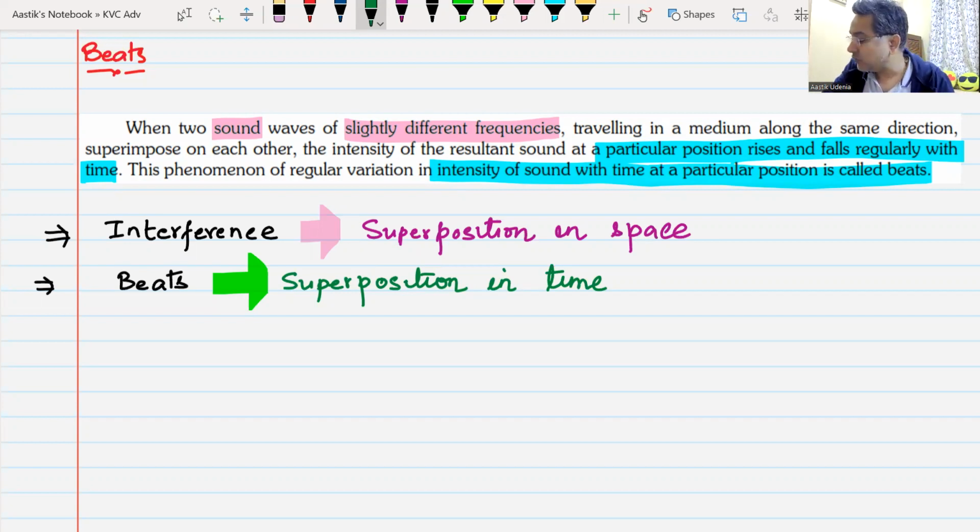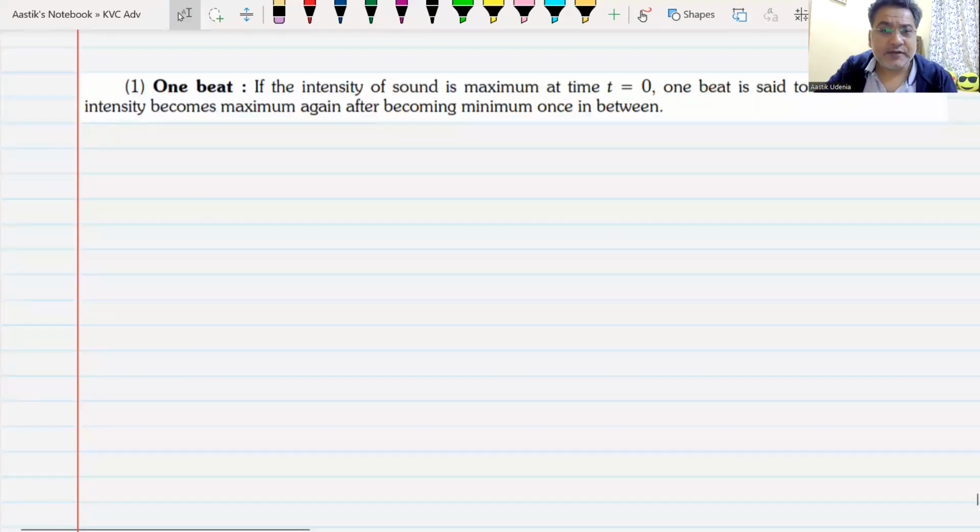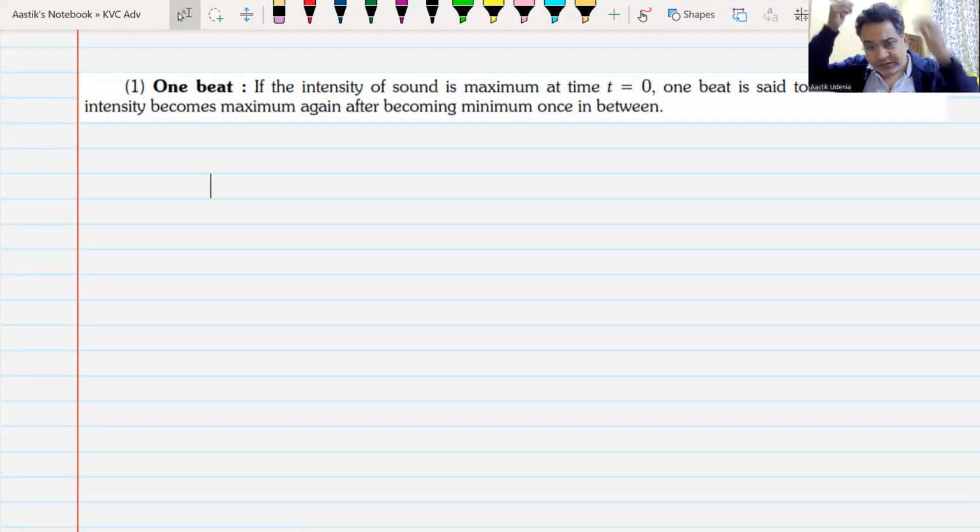How much is one beat? You are standing at one place and beats are happening, with superposition in time.